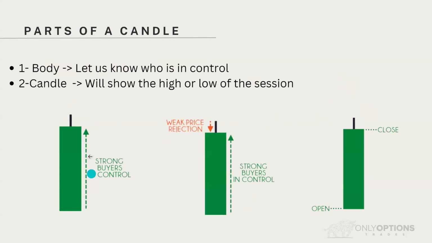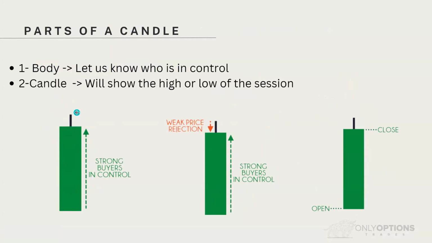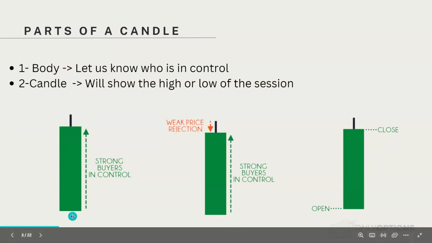Parts of a candle, and do you know how the body works? Depending on the size of the body, if you see a candle that has no wick, that's a super bullish candle. Buyers are completely in control. If you see a candle like this one, it doesn't have a bottom wick.